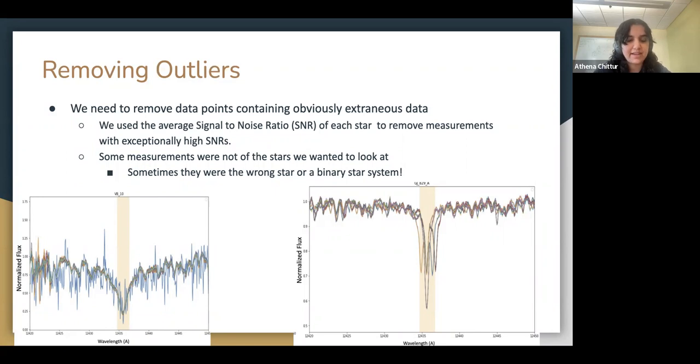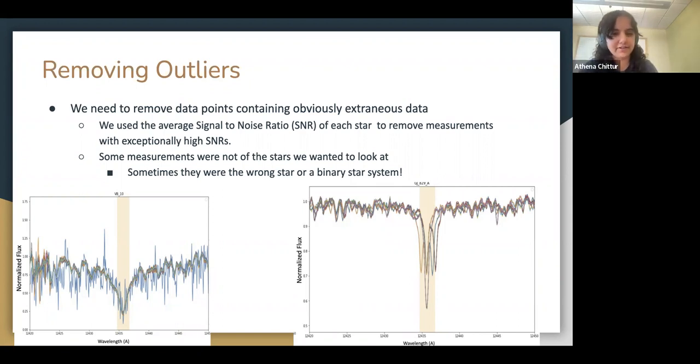And so as I mentioned briefly, we need to consider noise, and we have what is called the signal to noise ratio of each measurement of each star. We wanted to filter out measurements with exceptionally high signal to noise ratios, meaning you have a lot more noise relative to signal.